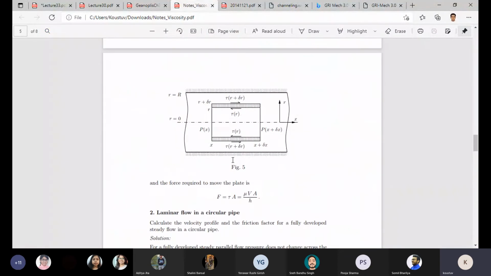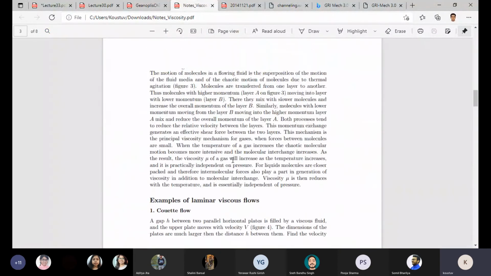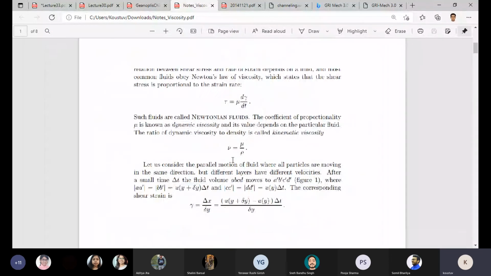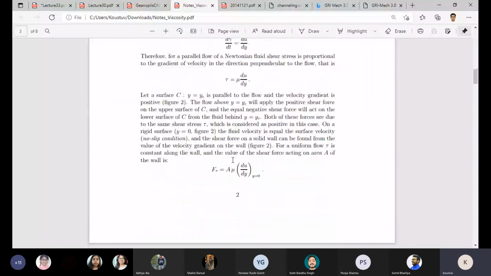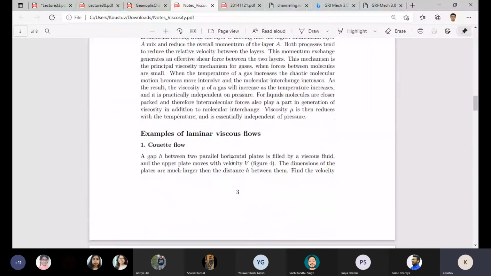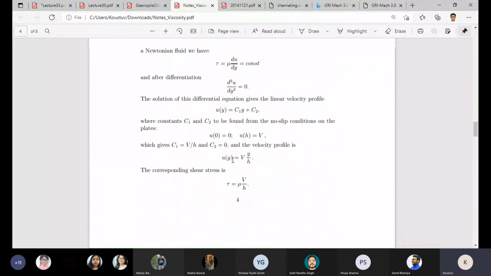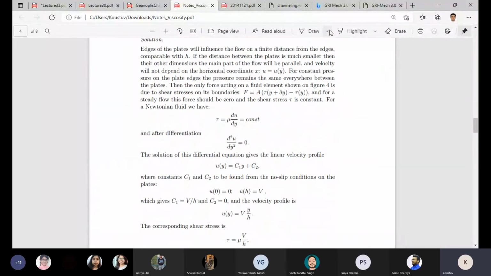Okay, I think you can see this. So all in all, we are doing a Newtonian fluid experiment. We have just taken water, and we are trying to validate these expressions and calculate mu. That's all in all what we are doing.